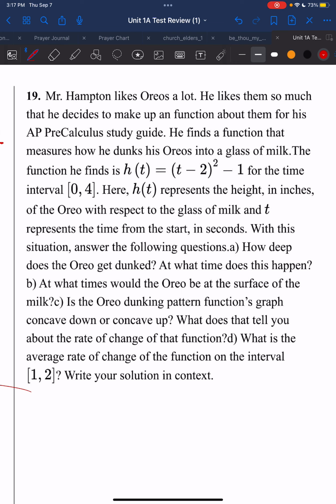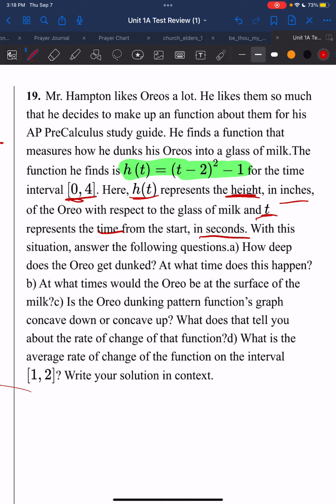So let me highlight this so we can come back to it. h of t is equal to this, on this time interval, and h of t represents the height in inches of the Oreo with respect to the glass of milk. So height is h, and t stands for time in seconds.